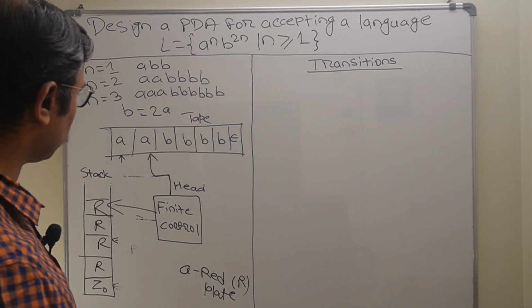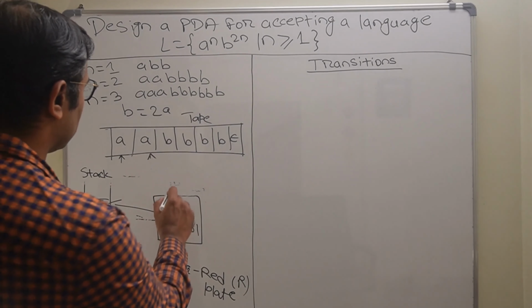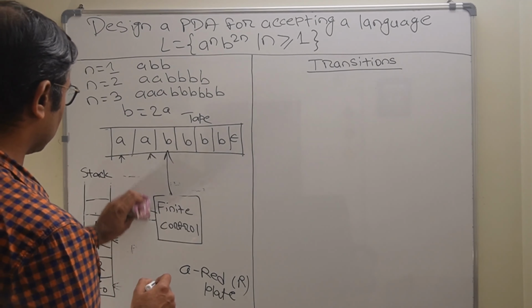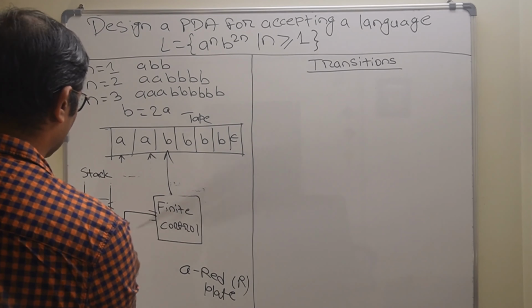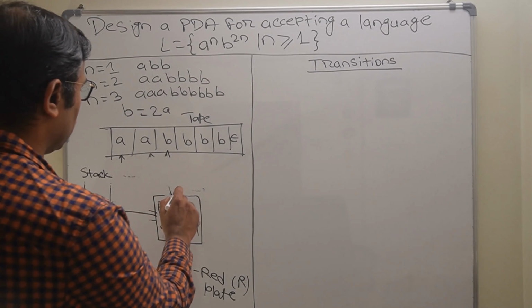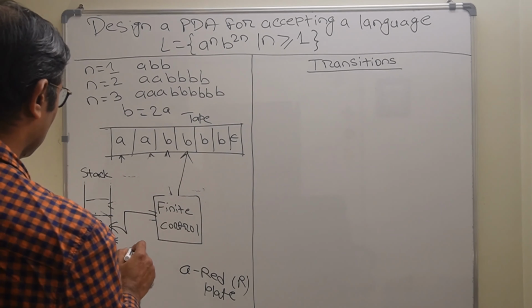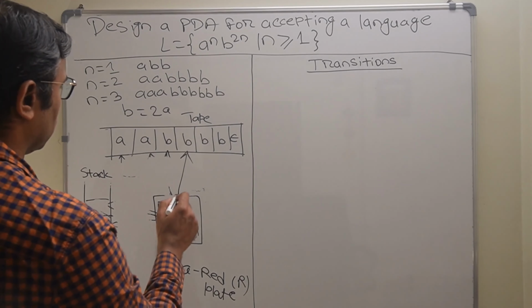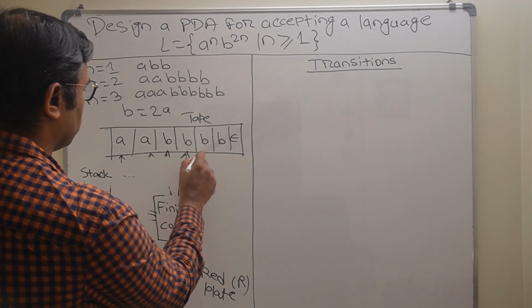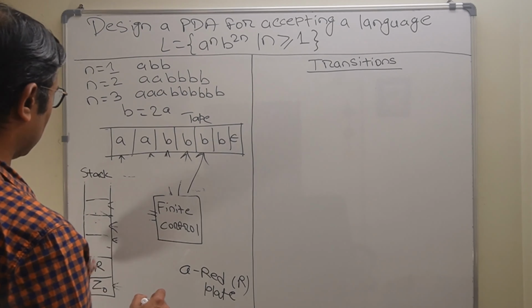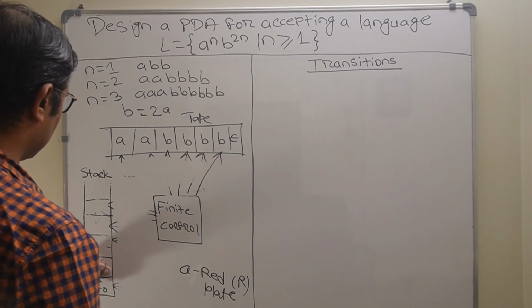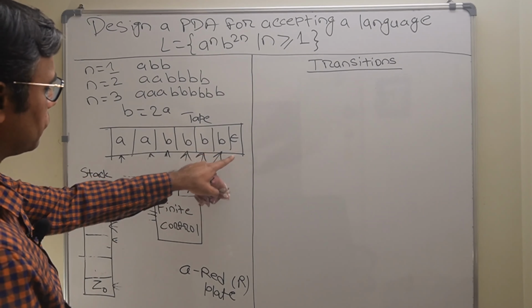And then if I find B, so if the head is on B, then remove a red plate. So the stack pointer will also go down. Then for the next B, we make this red plate null, and for the next one we remove this red plate, and then there is epsilon.